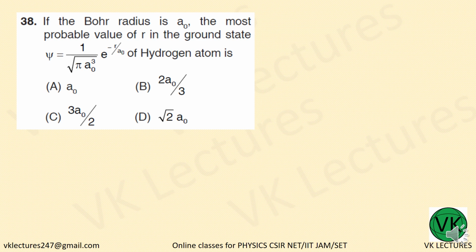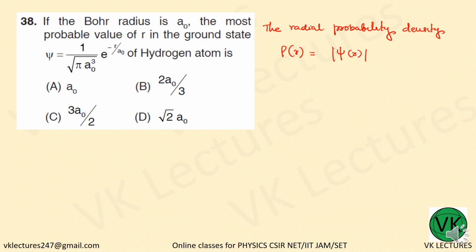Now what we know is the radial probability density, which we can represent by P of r, is equal to psi of r whole square times 4 pi r square. So this is the radial probability density.